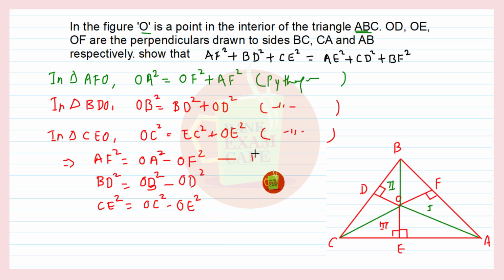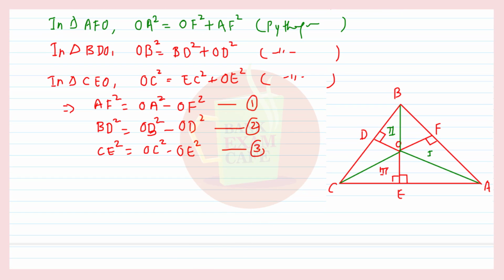Now let this be number 1, let this be number 2, and let this be number 3. Here what we want is AF square plus BD square plus CE square. So if you add all these three, we will add equations number 1, 2 and 3.